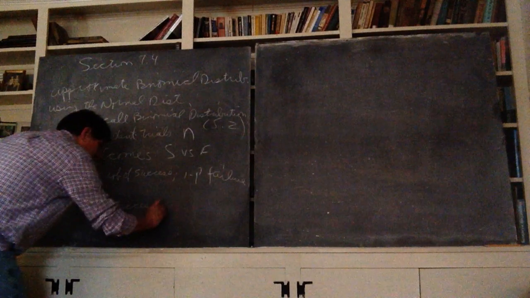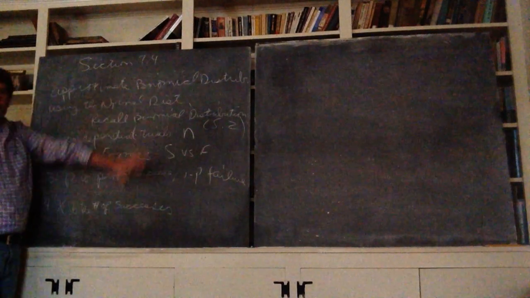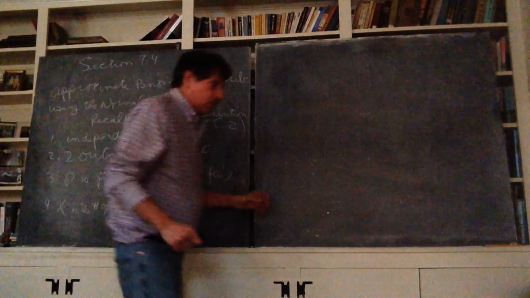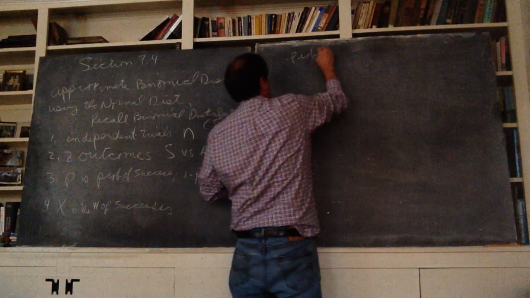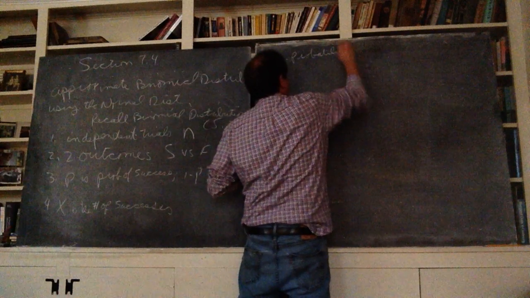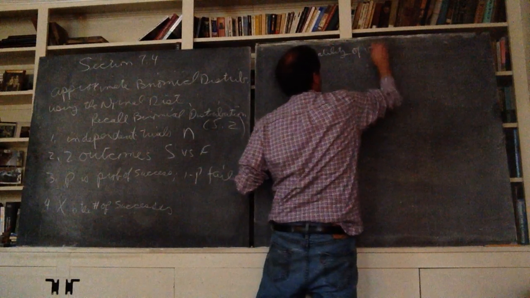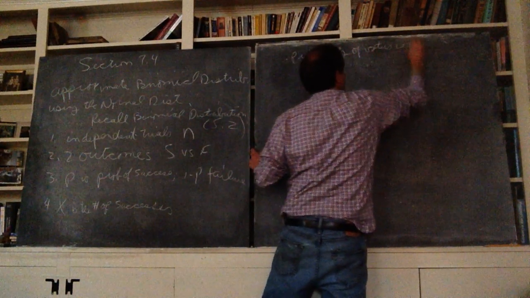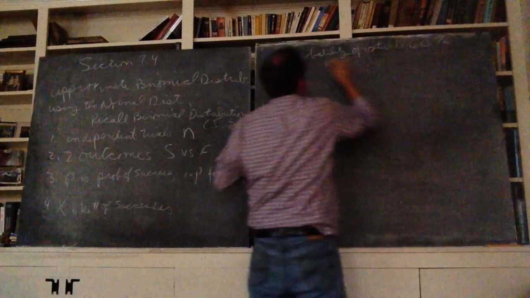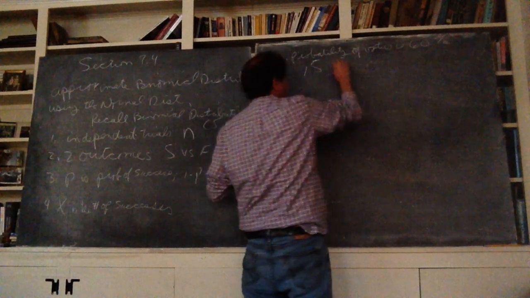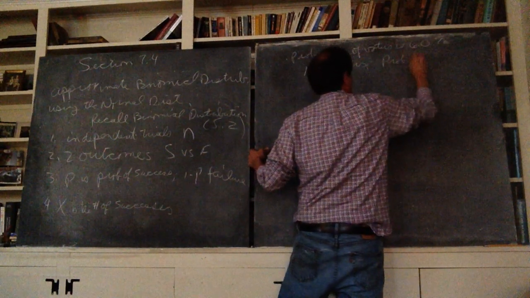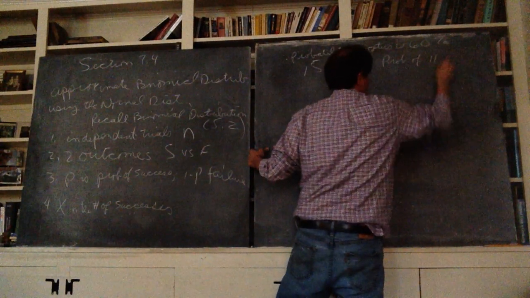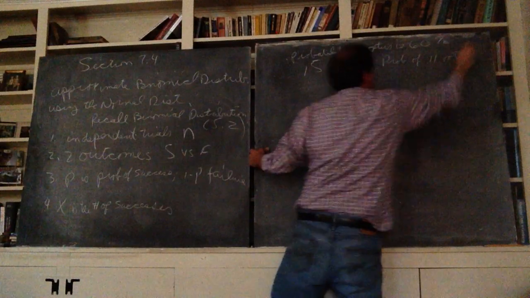And if we use the binomial theorem, for example, suppose the probability of voters overall is 60%, and we have 15 voters. What is the probability of 11 of them voting? Well, we did this.